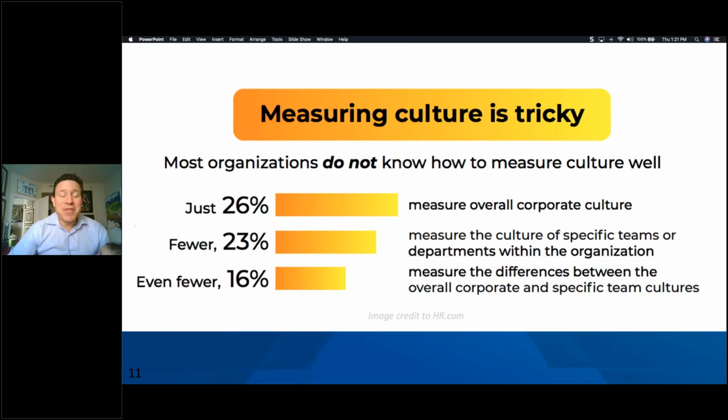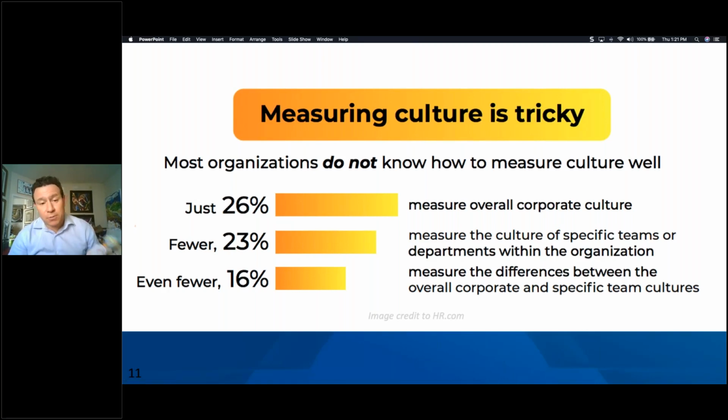There was a survey done with over 500 executives from mid to large size companies by HR.com. What they found was that measuring culture is tricky. As we saw from our own survey, only 50% of you feel that you're assessing alignment with the company values, and even less, only 29%, are aligning with team values or even measuring it. So most organizations do not know how to measure it well.